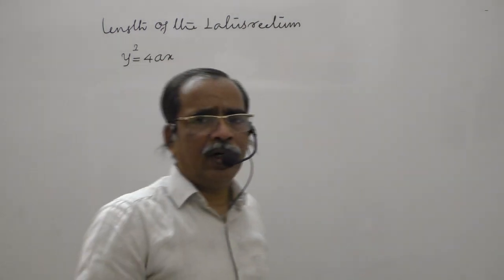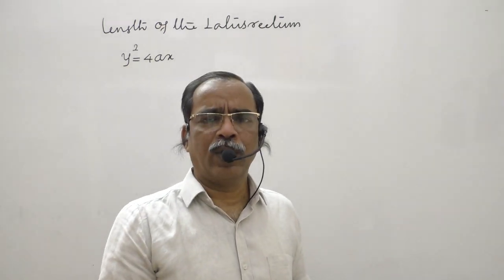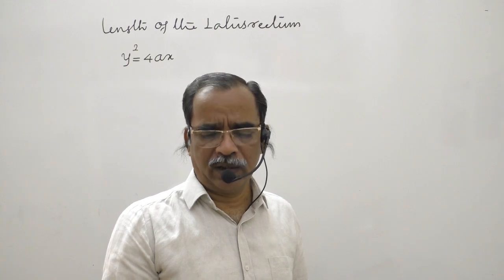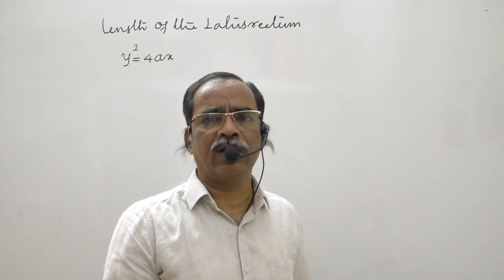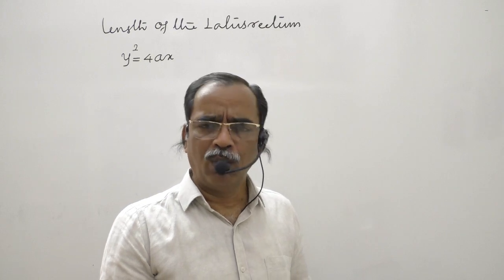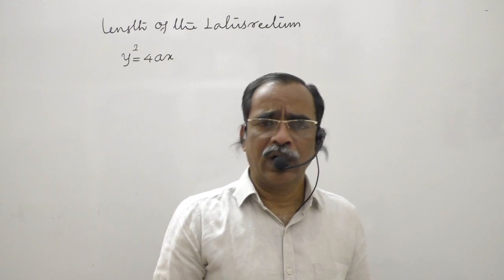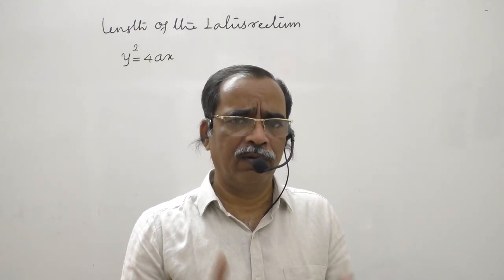So in the first video we have seen all these: principal axis, vertex, chord, focal chord, latus rectum, double ordinate, focal distance, center, focus, directrix, eccentricity. All these are definitions. You must be thorough with all those.